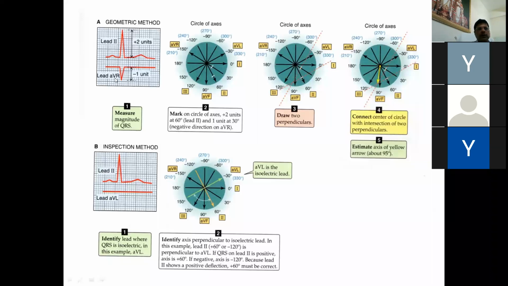In lead 2, the R wave is in the upward direction, means it is positive. So you measure the height of the R wave. Here it is plus 2. And in lead AVR, the R wave is in the downward deflection, it is -1 unit. You can see here.